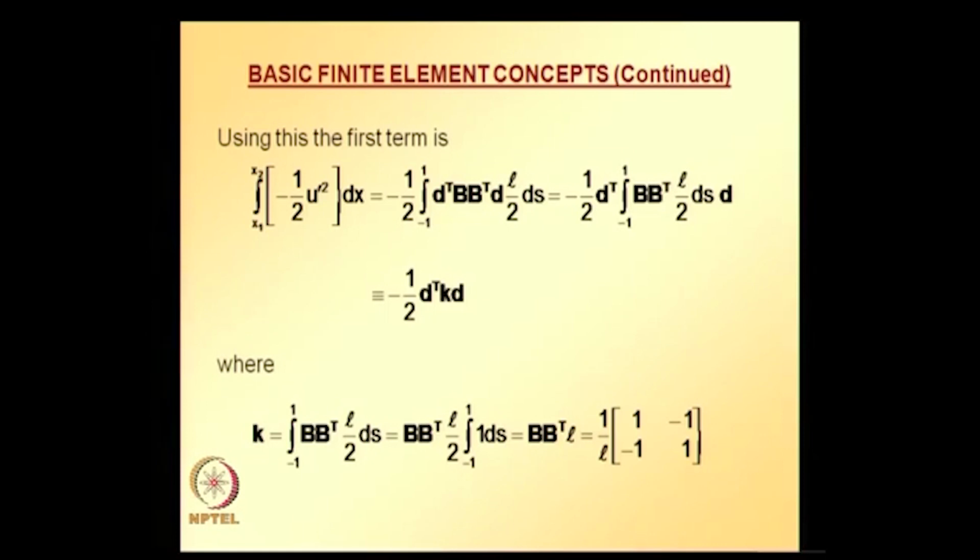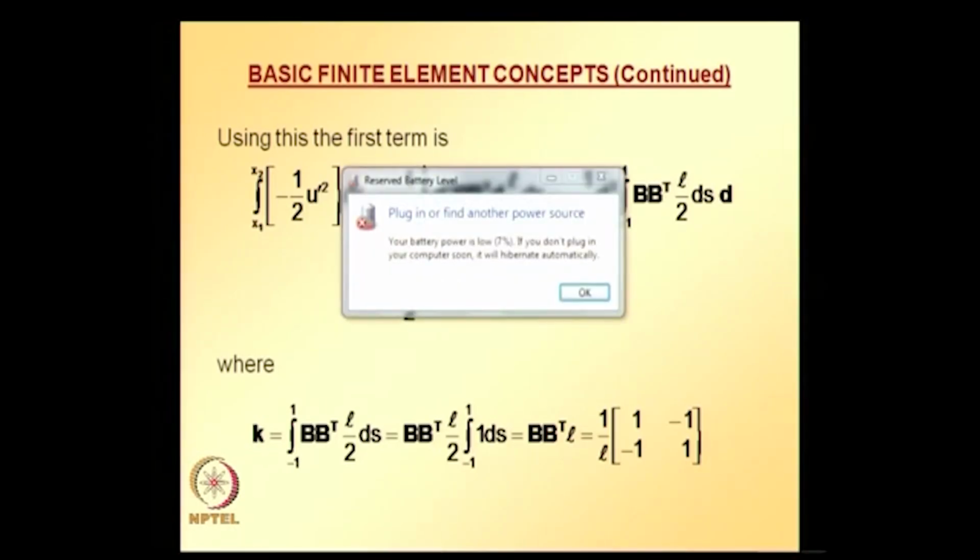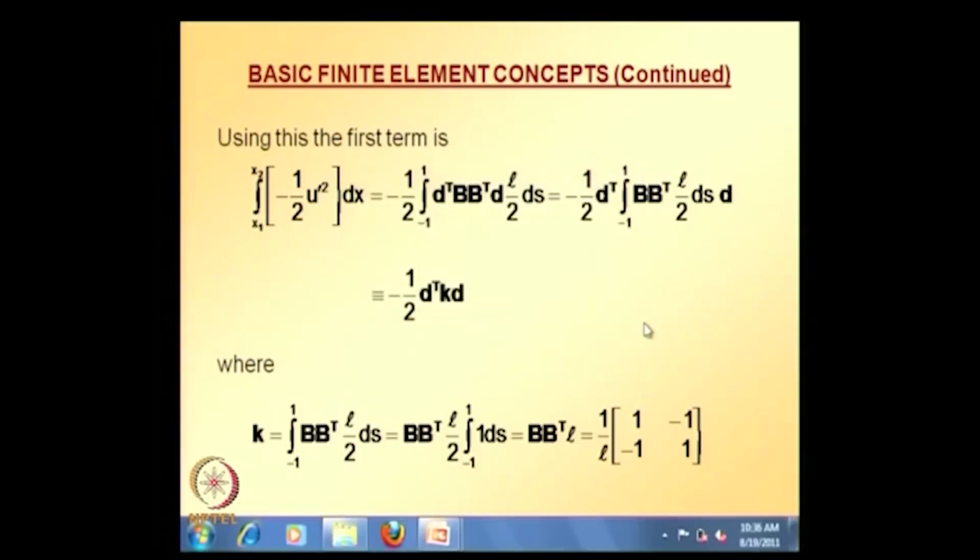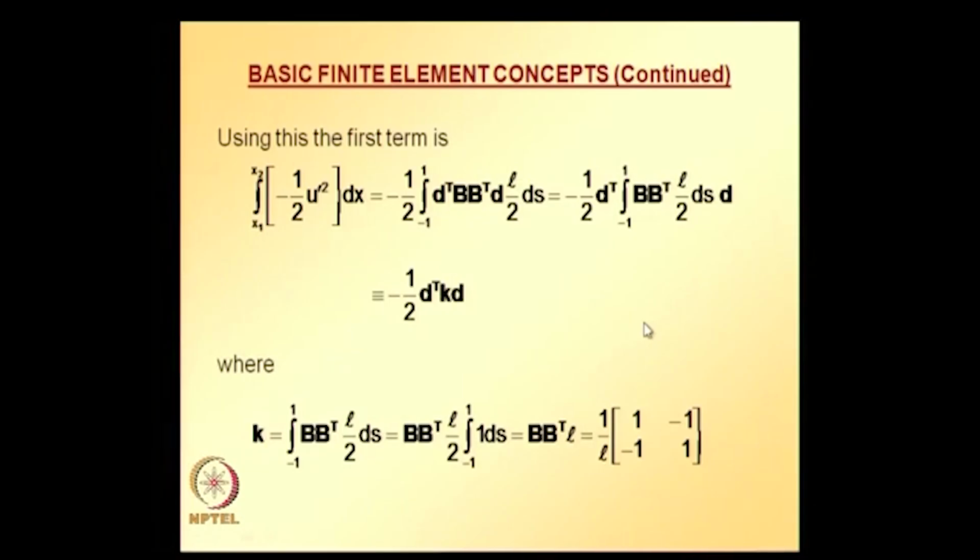And B is also not a function of S for this particular element. For a 2 node element, B is not a function of S, so you can pull B transpose B out of the integral, and this entire quantity simplifies to 1 over L times the matrix [1 -1; -1 1].